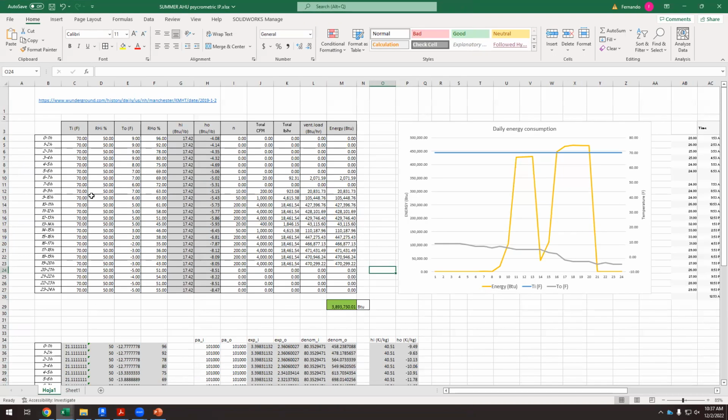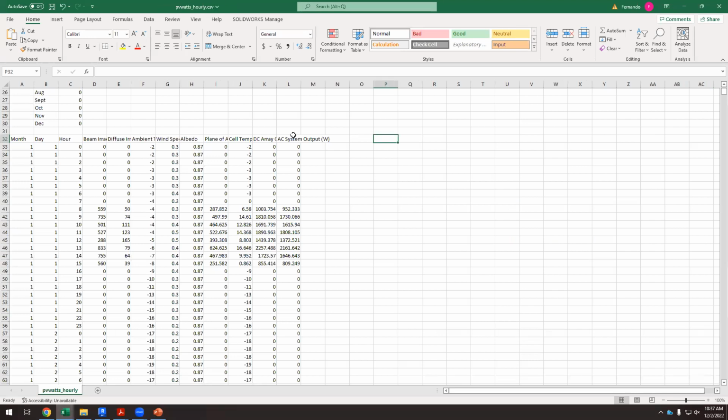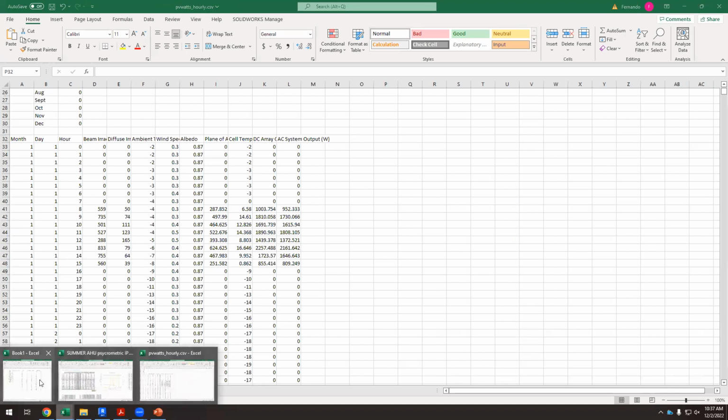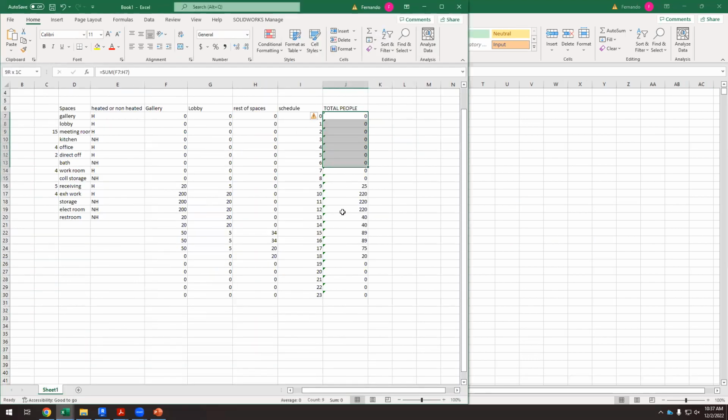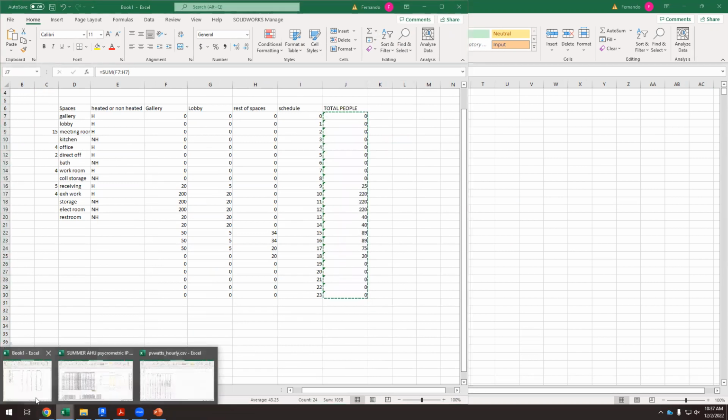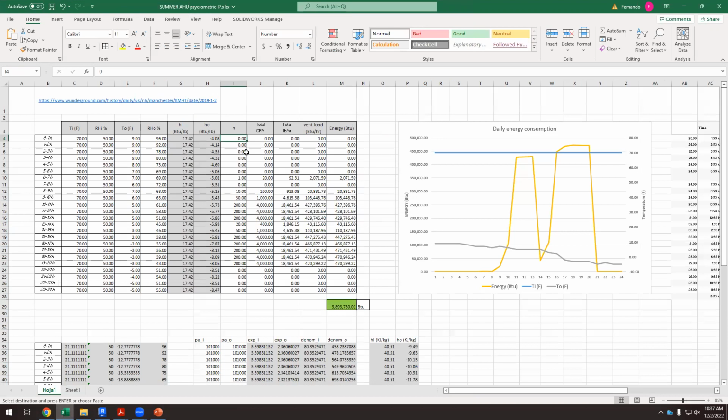Okay, so this is my Excel file, and I have to change first the number of people. So when I come up with the number of people that I have here, I copy all these and I paste it on this column with the number of people.